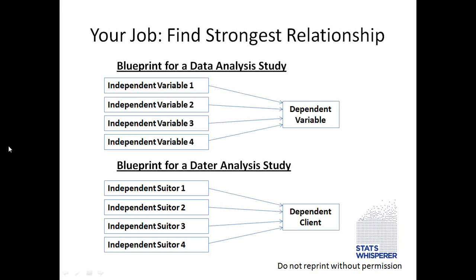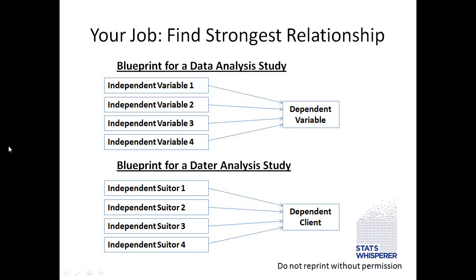So here we go. It's much easier in statistics to have images and figures rather than words. It's a very visual type of learning. So the first visual we have is our blueprint for a data analysis study. We have 4 independent variables on the left-hand side at the top, and they have arrows going to the dependent variable.